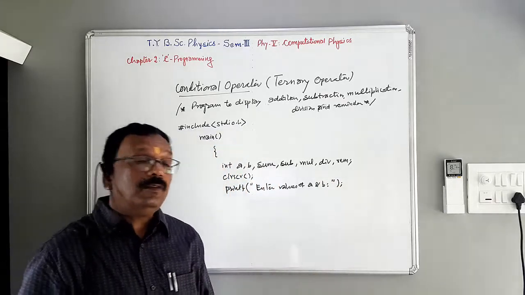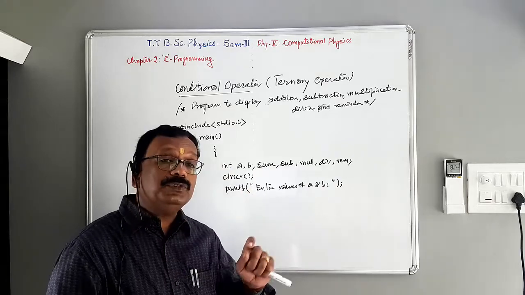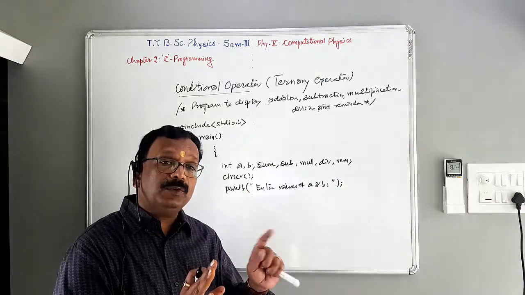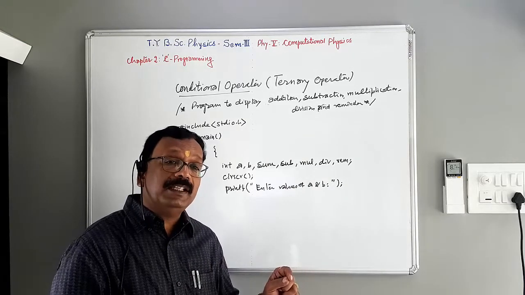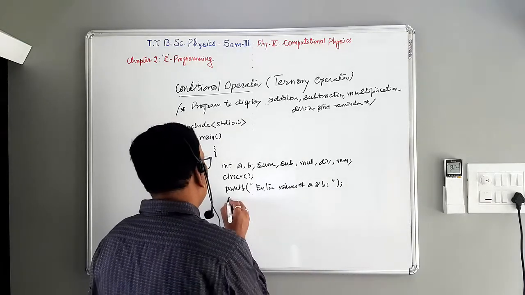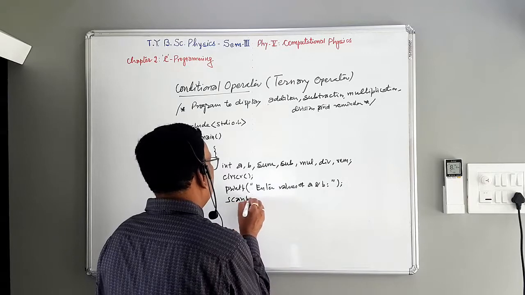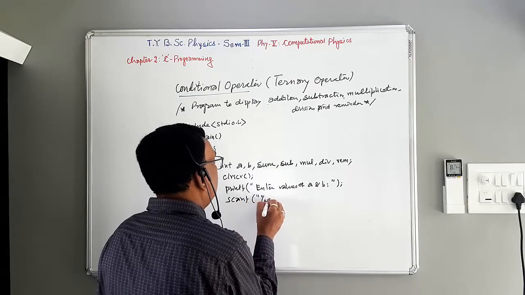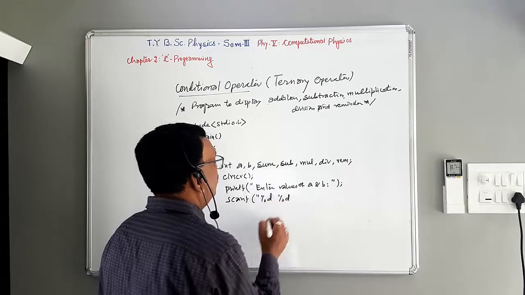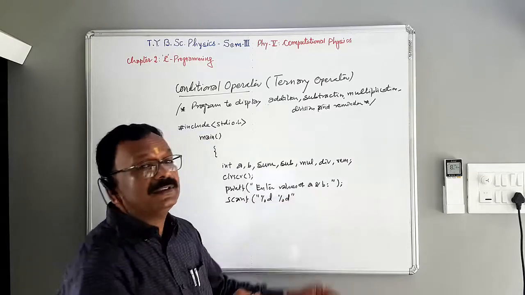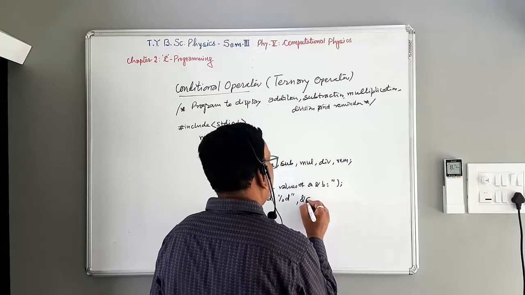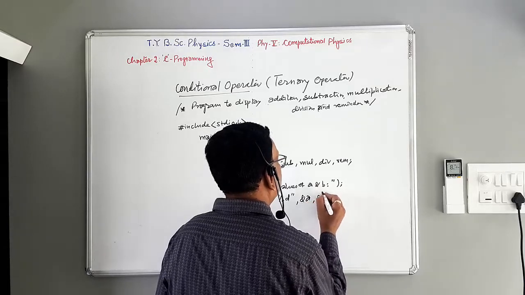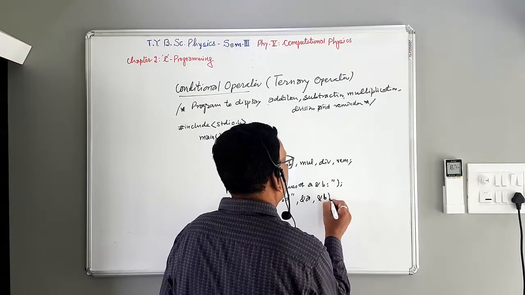Okay. Now, when the user supplies the values of variables A and B through the keyboard, those values should be read by the computer. For that purpose, we use the input statement scanf with %d %d, double %d, because there are two variables A and B. The address of the first variable is &a and the address of the second variable is &b.